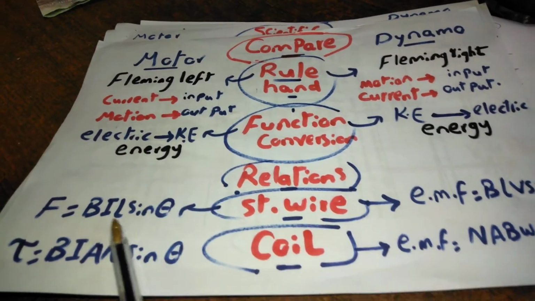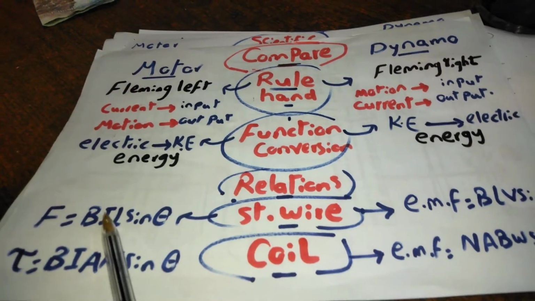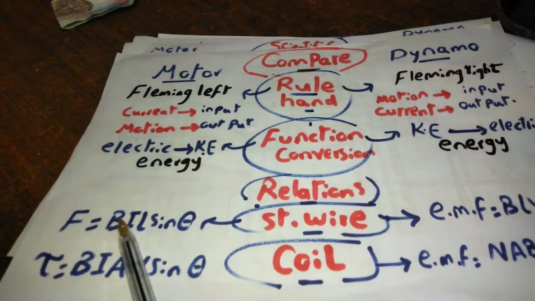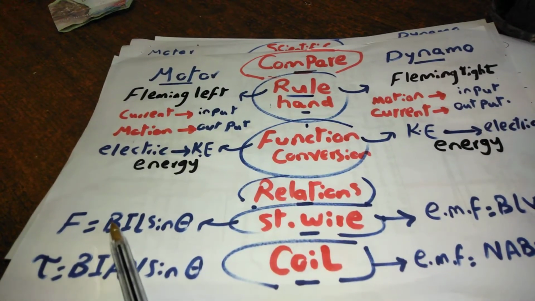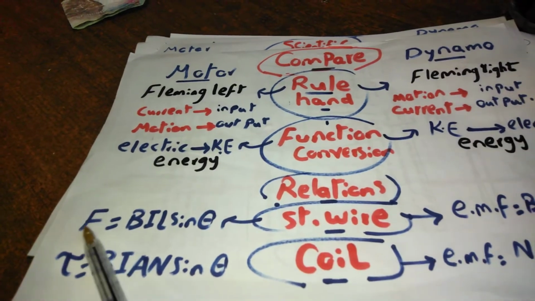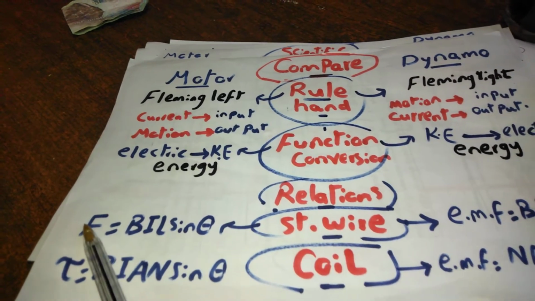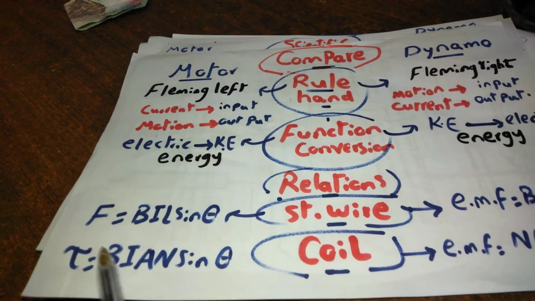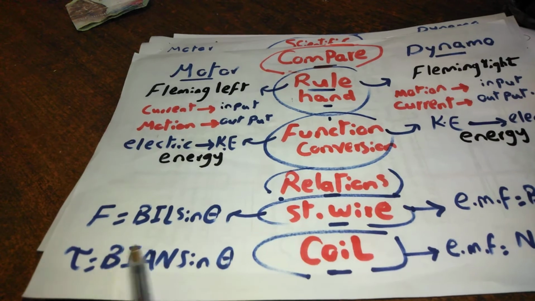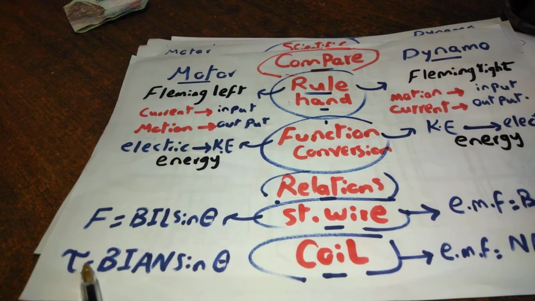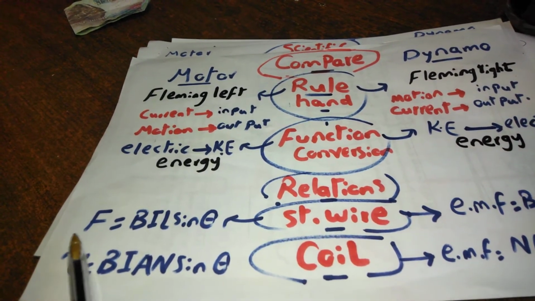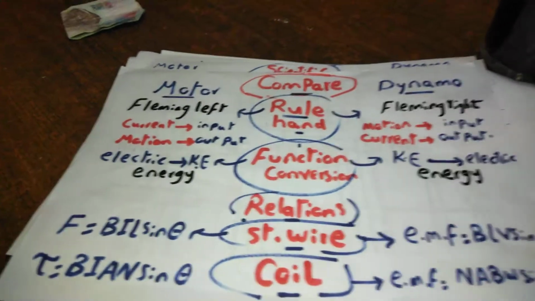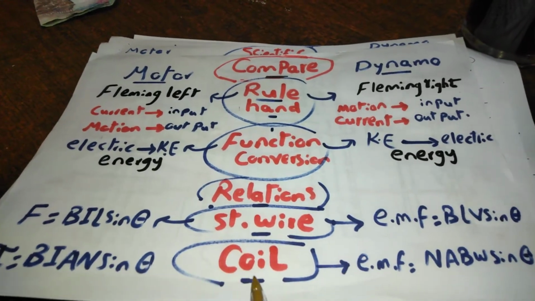By BIL sine theta, we input the current in the field, and the field interaction outputs the motion in terms of one force, and here, in terms of two forces. We input the current, and the interaction of the fields outputs two forces that rotate the coil. Of course, it is the magnetic torque, as you will know.